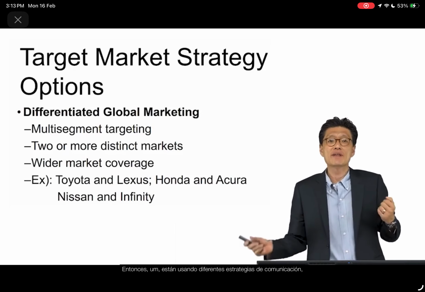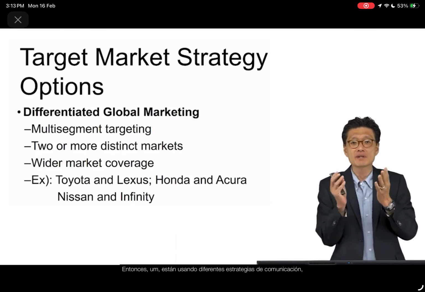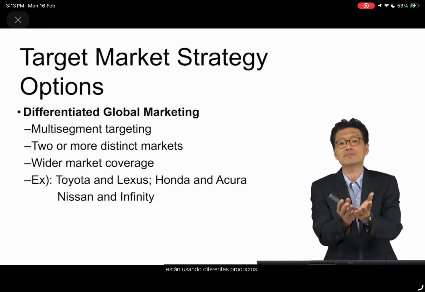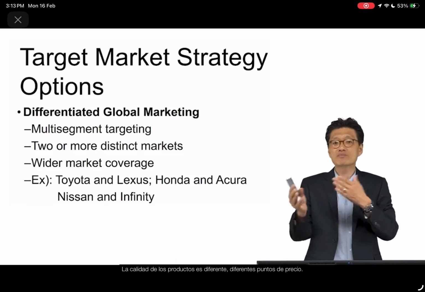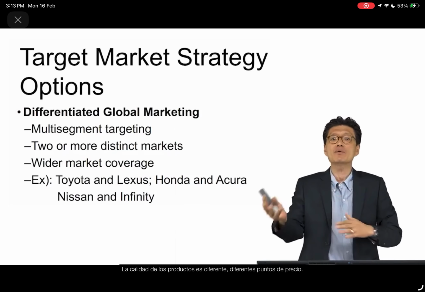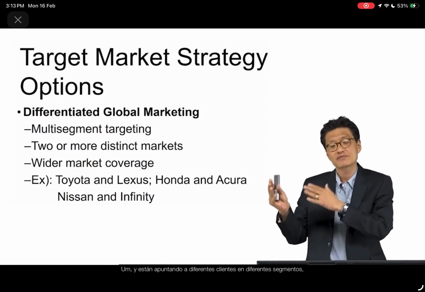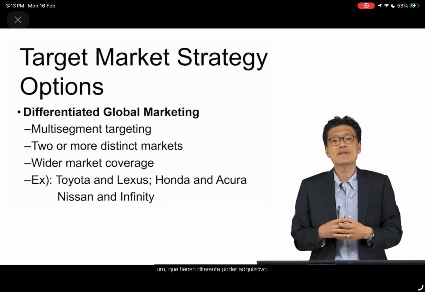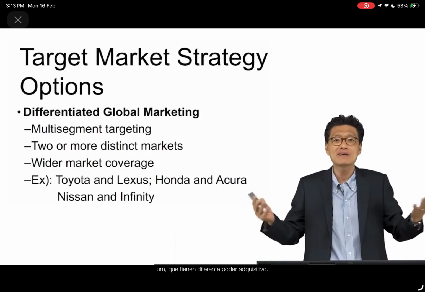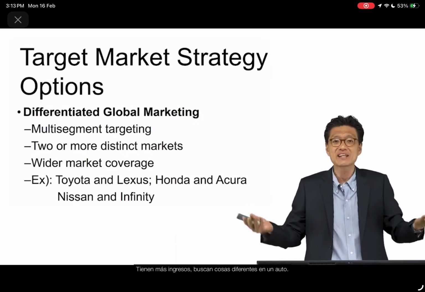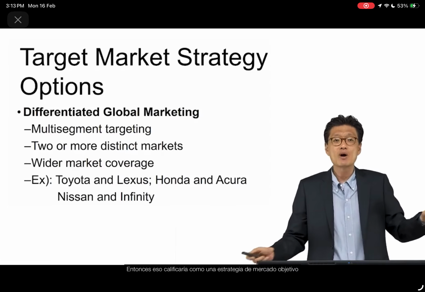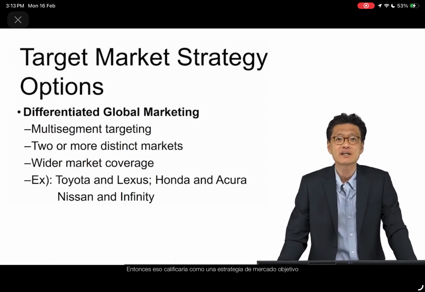They're using different communication strategies, different products, different quality and price points, and they're targeting different customers in different segments that have different purchasing power, more income, and are looking for different things in a car. So that would qualify as a differentiated target market strategy.